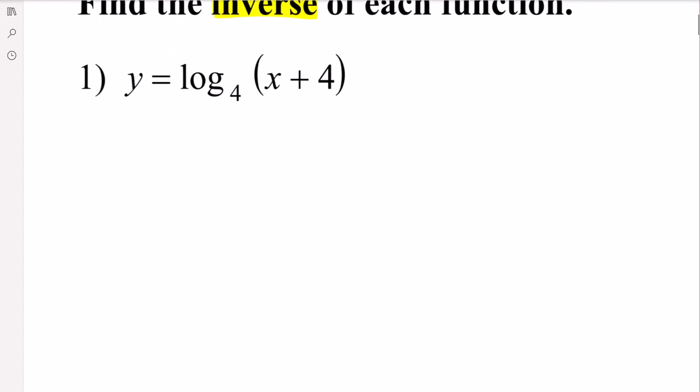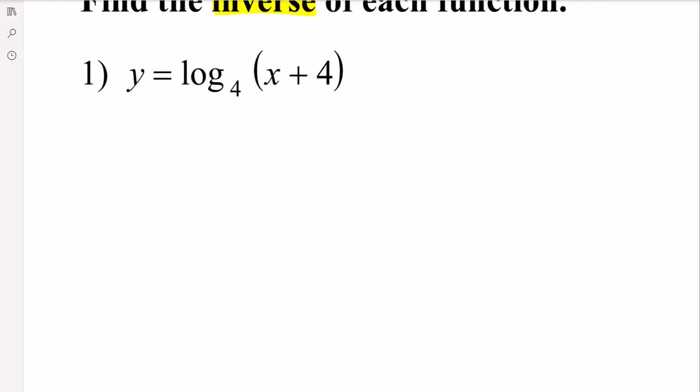Okay, so it's already y equals. We're going to now have to swap the x's with the y. So the x goes here. Just like that. All right. So now we have a log with a base b of an argument equal to an exponent.